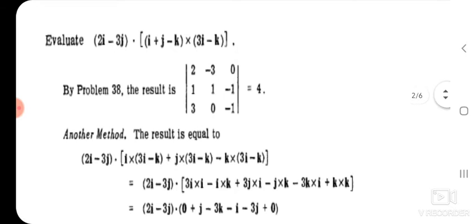evaluate 2i minus 3j dot in bracket i plus j minus k cross 3i minus k. It is simply a scalar triple product.